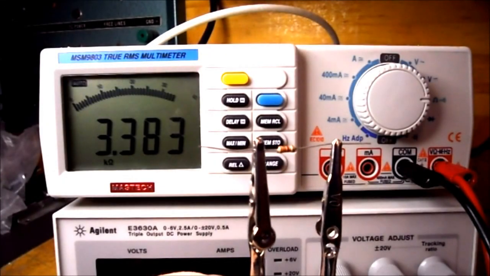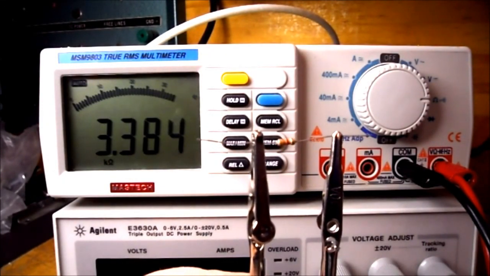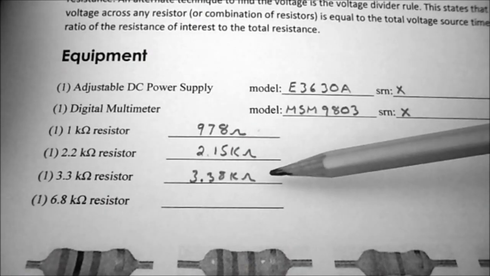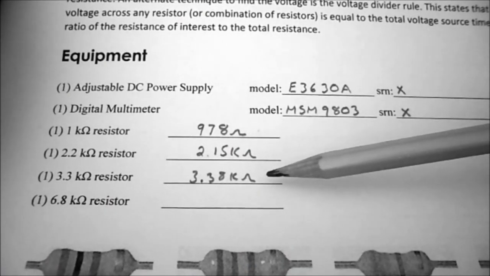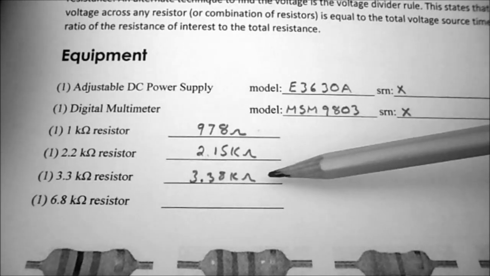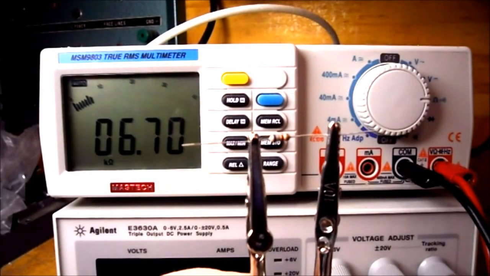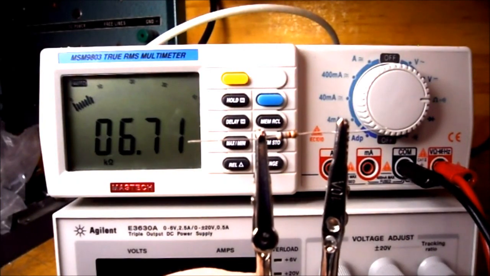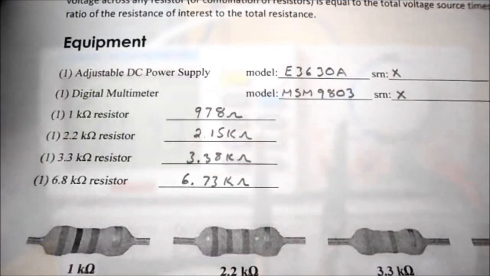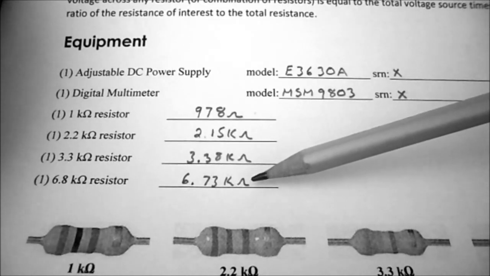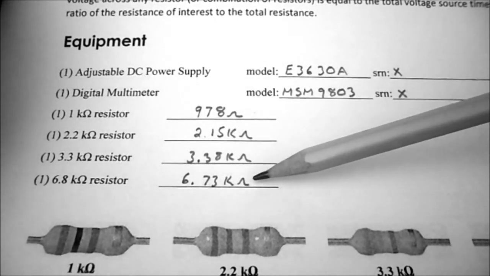My next resistor is the 3.3 k ohm resistor, and you can see that it reads 3.38 k ohms. So the actual value of my 3.3 k ohm resistor is 3.38 k ohms. And my last resistor is supposed to be 6.8 k ohms, and we can see it's 6.7 k ohms. So the actual value of my 6.8 k ohm resistor is 6.73 k ohms.